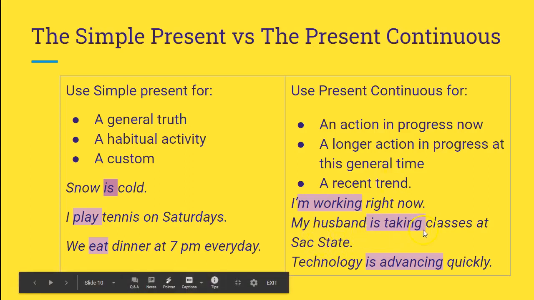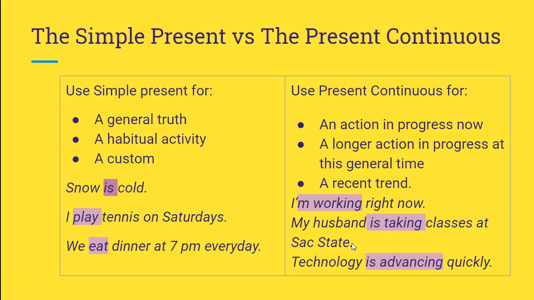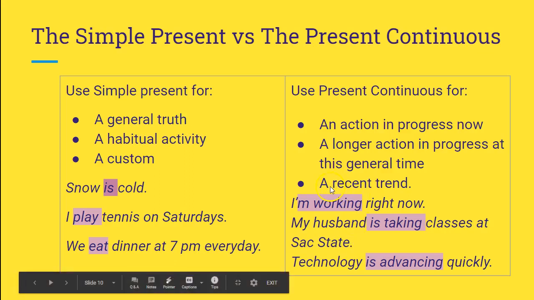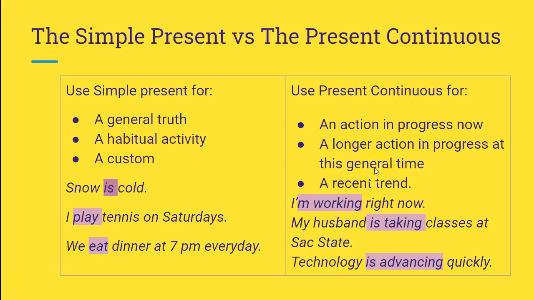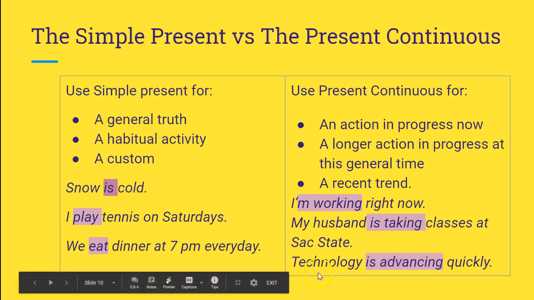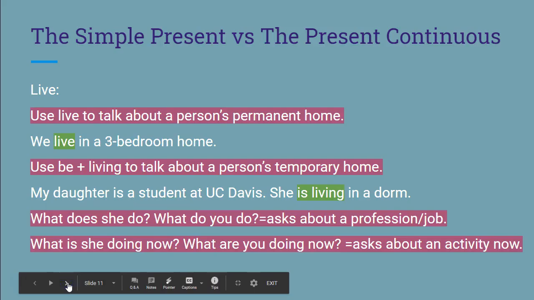My husband is taking classes at Sac State. Maybe he's not in a class right now, but it's something that he has been doing. It can also show a recent trend, something that a lot of people are doing or something that is becoming popular or noticeable. Technology is advancing quickly. So those are some of the differences.